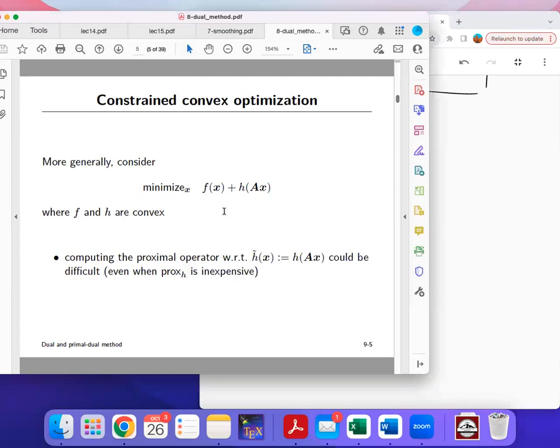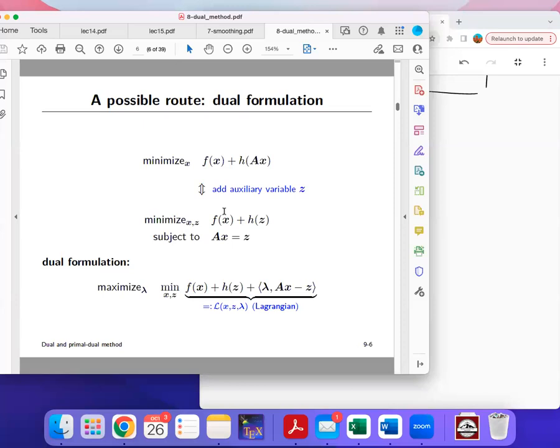Okay, so this motivates us to simplify this problem. Try to get rid of this linear transformation, the affine transformation, inside this H function. What we can do is introduce an equality constraint.